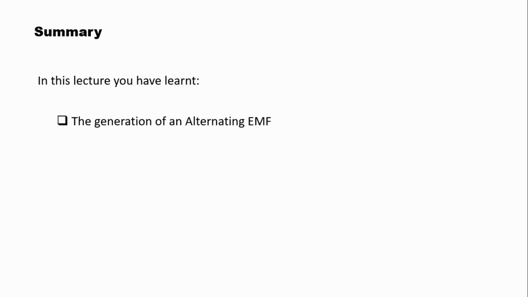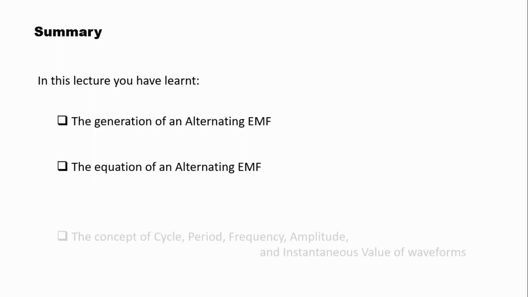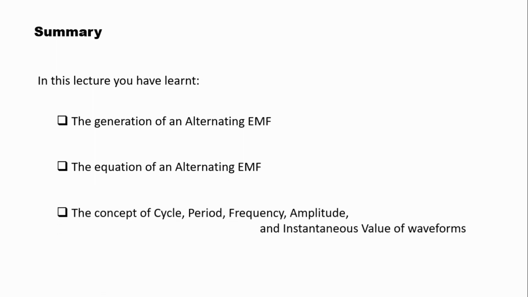So we will get an alternating waveform. Then the equation of an alternating EMF. Finally we get e is equal to Em sine omega t and alternating current i is equal to Im sine omega t. And the concepts: cycle, period, frequency, amplitude and instantaneous values.